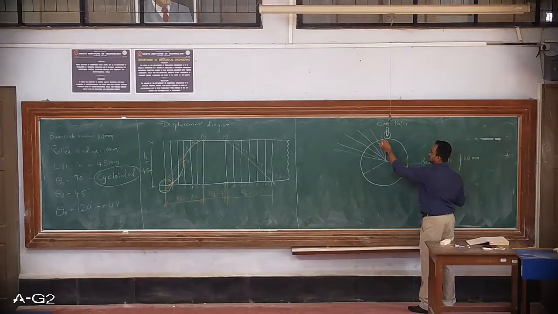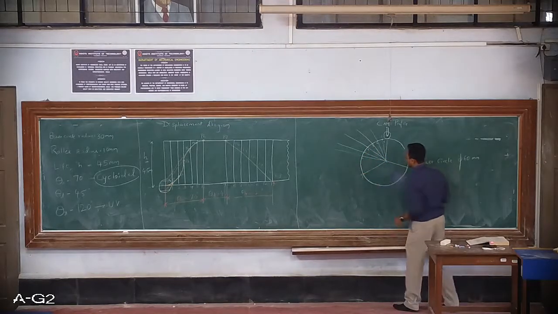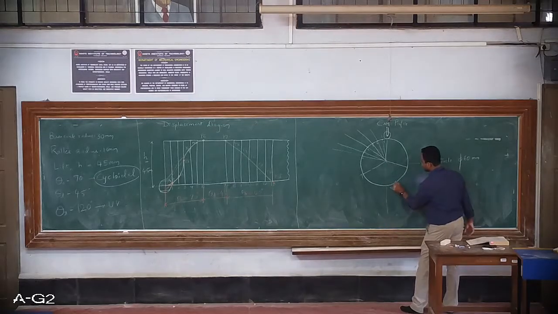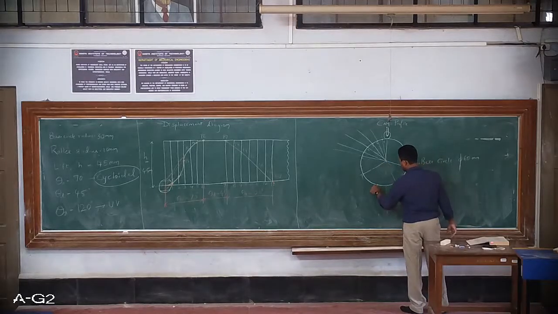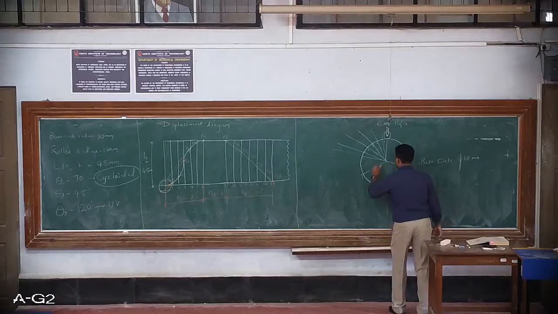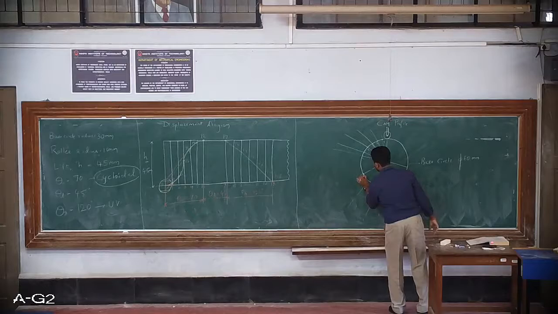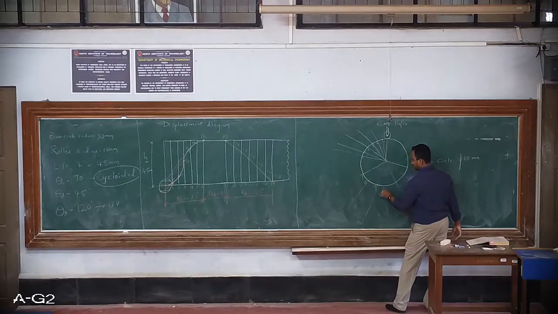This point is 1, this point is 2, this point is 3, 4, 5 and 6. Because this is a dwell period, this will be 7. I'll repeat the same steps for the return stroke. So it will be 7, 8, 9, 10, 11, 12 and 13.